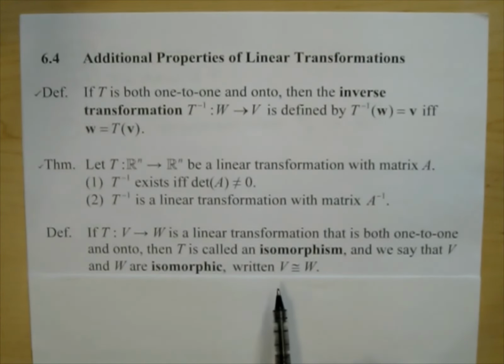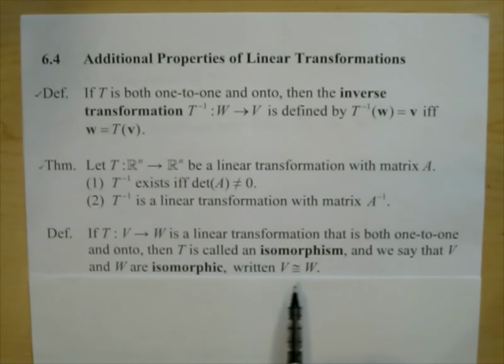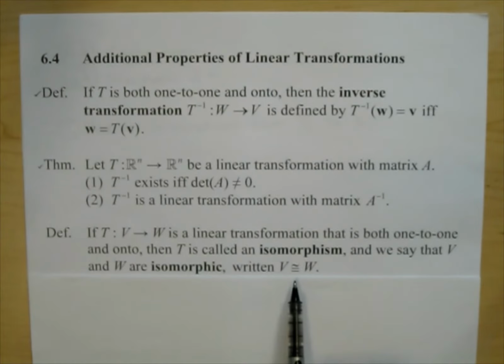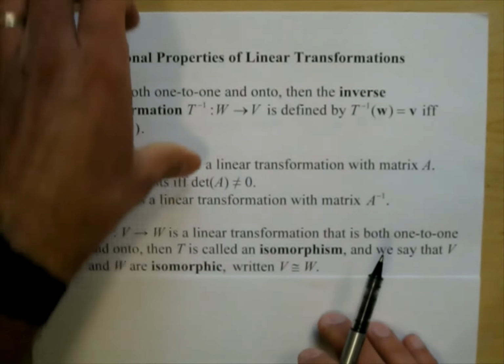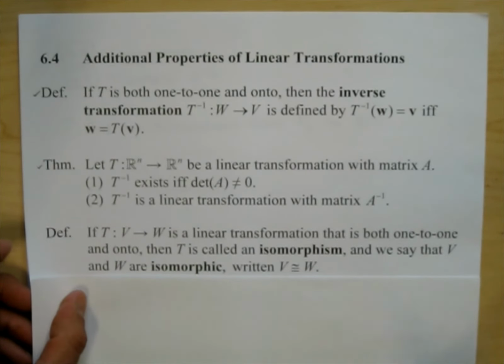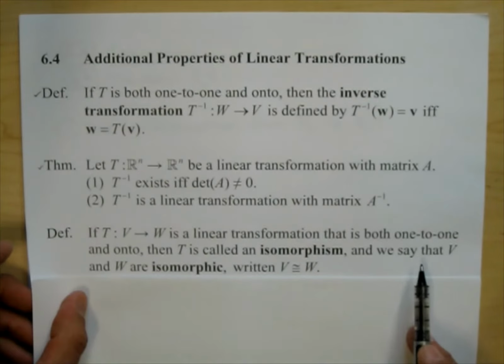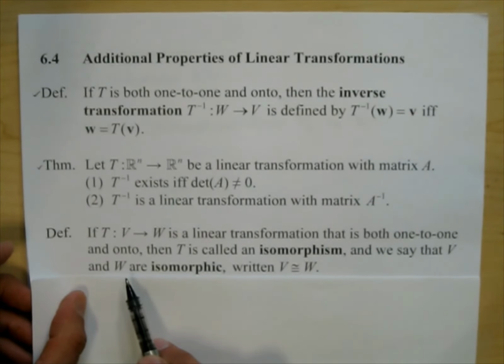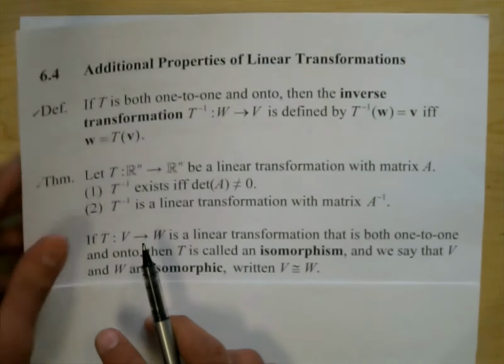So we really can't say that those vector spaces equal each other all the time when you have an isomorphism, but you could put this sign right here, which means isomorphic. So all an isomorphism is, is a linear transformation that is one-to-one and onto. So it's just a fancy word just to confuse people.